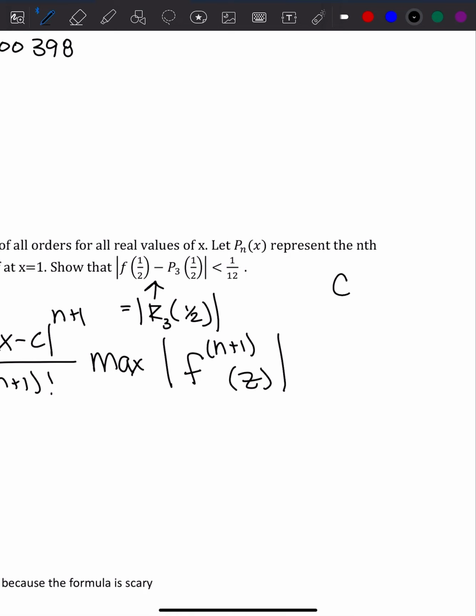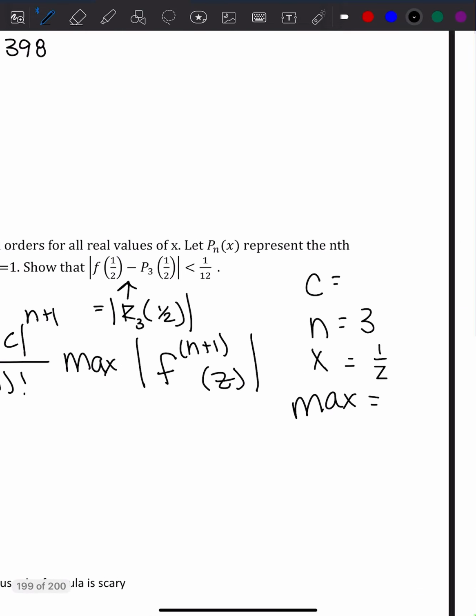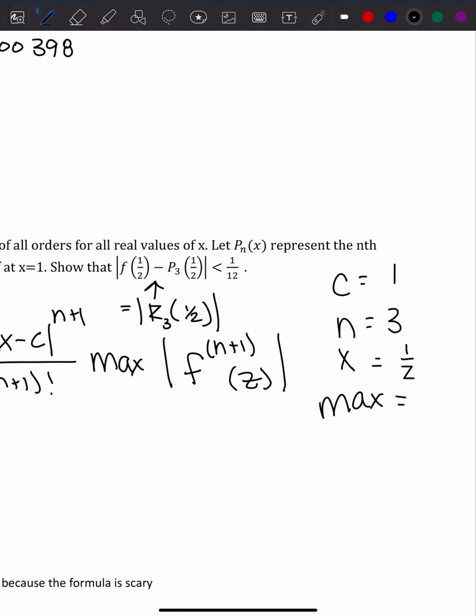We are going to have c, n, x, and then the max that we want. We said n is 3 because p sub n is 3. We are doing it of 1/2, so I know x has to be 1/2. And it said for f at x equals 1, so that means our center is 1.